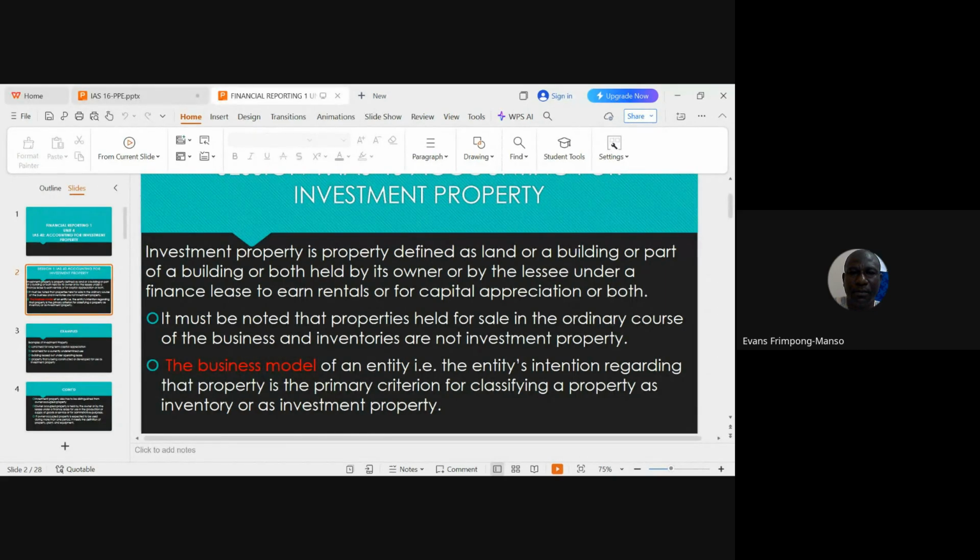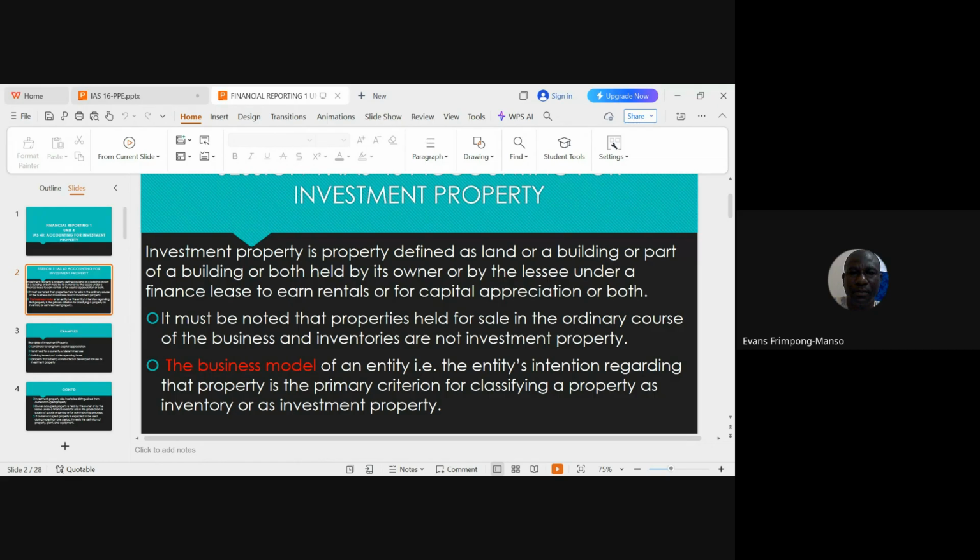So that one is not investment property. But when you have a property, you hold it. You don't sell it, you hold it. And you can rent it to get more profit, or hold it so that the value will go up in the future so that you can sell and get profit. That is what we classify as investment property. So that is why I said it must be noted that properties held for sale in the ordinary course of business and inventories are not investment property.